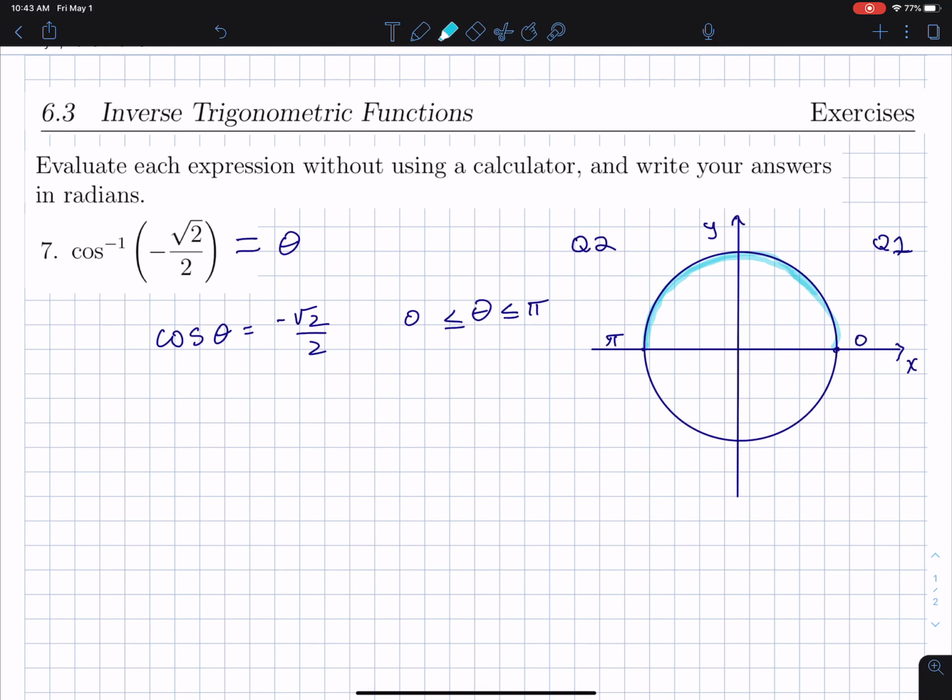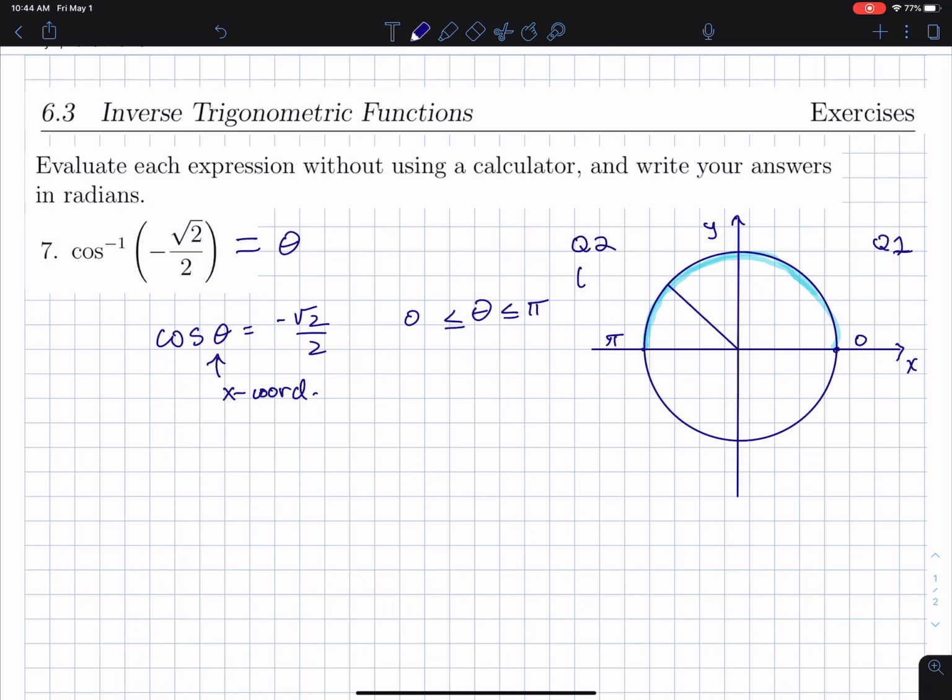Okay, there are different ways to look at this. We could think of cosine as being the x-coordinate, and quite possibly we have memorized this, and that's sort of what we're supposed to do.